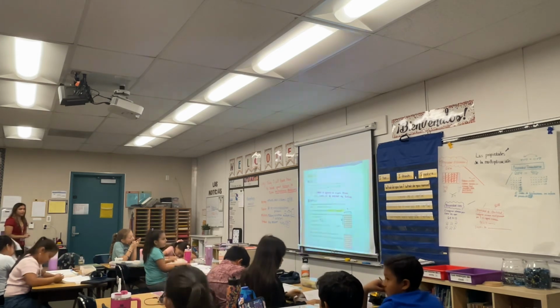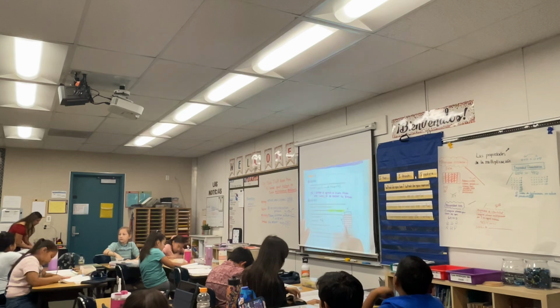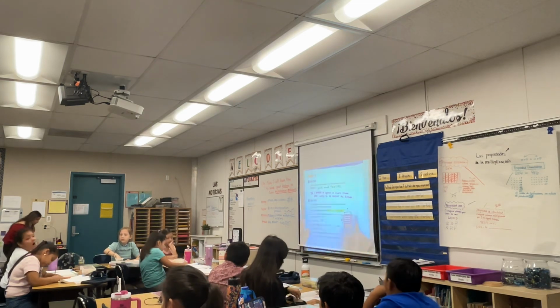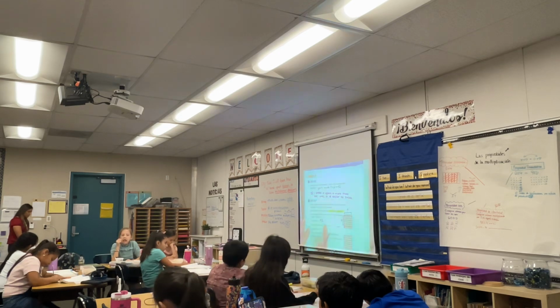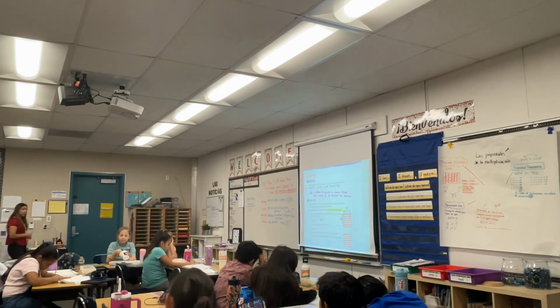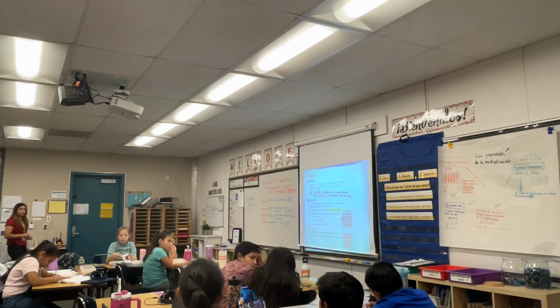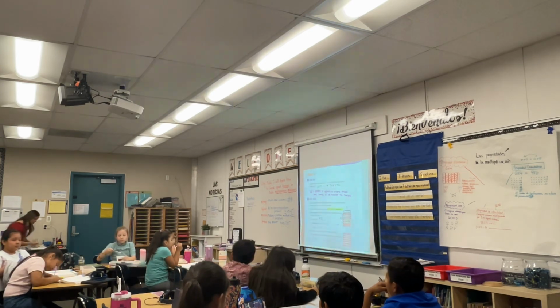So we have 42, and we know that this box right here, if it's 6 times 7, we know is 42, right? But then there's an additional row, and how many dots are in that row? How many dots are in this row right here? 7. Good job.